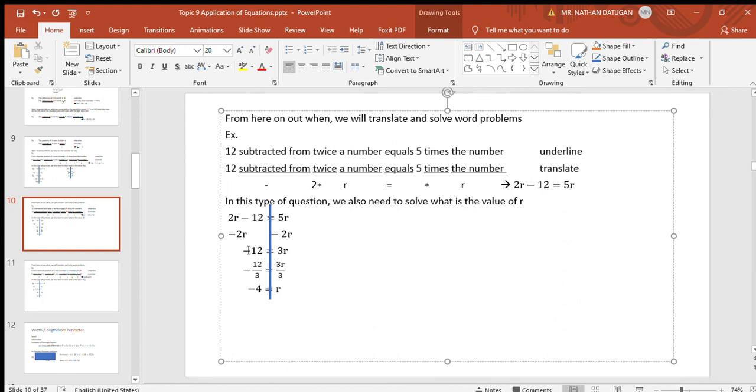We're going to get 0, and then minus 12 becomes negative 12. 5r minus 2r is 3r. Now, our goal is r by itself, so we have to get rid of that 3. How so? We divide. Divide both sides by 3.